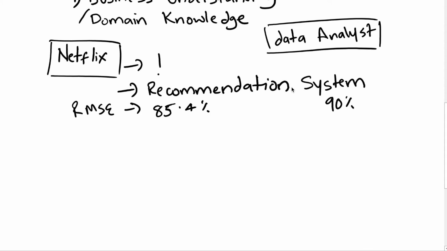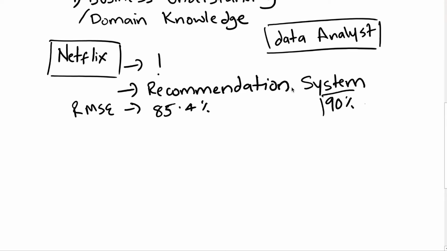Now, for those of you who don't know, Netflix actually held a competition back in 2006-2007 where they invited a lot of companies or teams to participate to help them improve the recommendation system. So a lot of companies took part in that competition, and most of the companies managed to reduce the error rate.